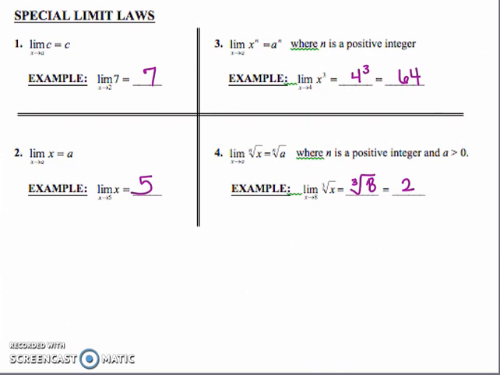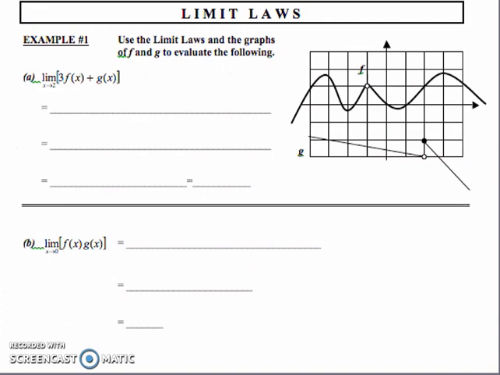Okay, so now transitioning to our note packet, let's take a look at a couple of examples here. In example 1, it says to use the limit laws and the graphs of f and g to evaluate the following. Letter A, the limit as x approaches 2 of 3 times f of x plus g of x.